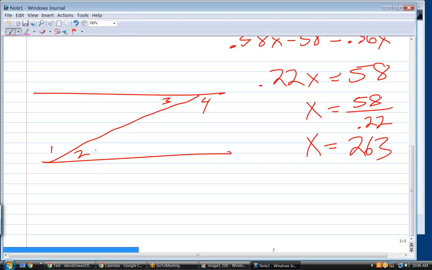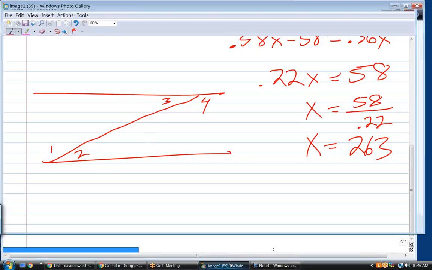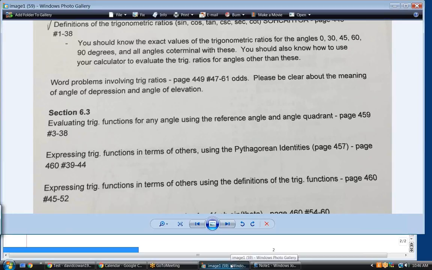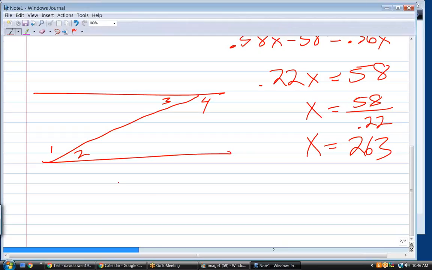When you're talking about looking up, you're only talking about angle of elevation. I'm sorry, I didn't mean inclination. The angle of elevation and the angle of depression. 2 is the angle of elevation. What's the angle of depression? Angle of depression would be 3. Well, aren't they the same thing, though?